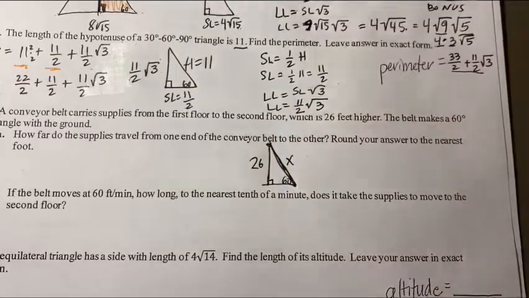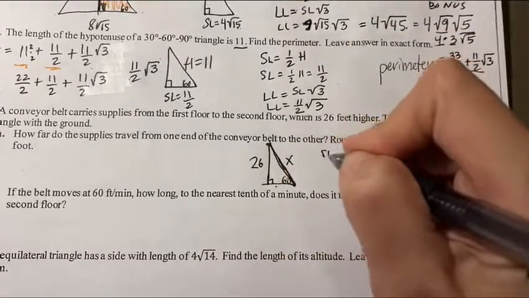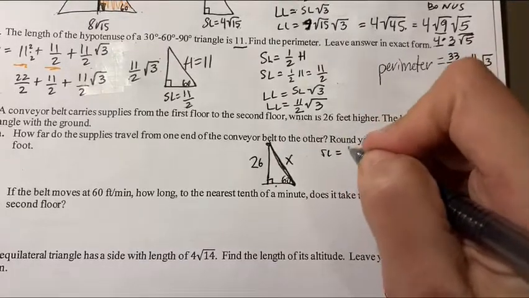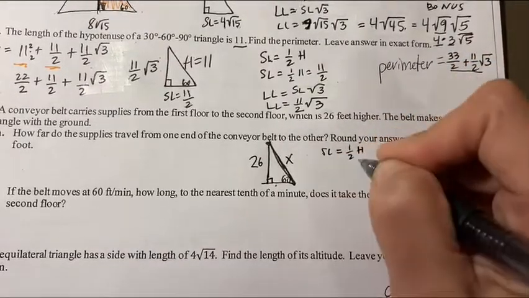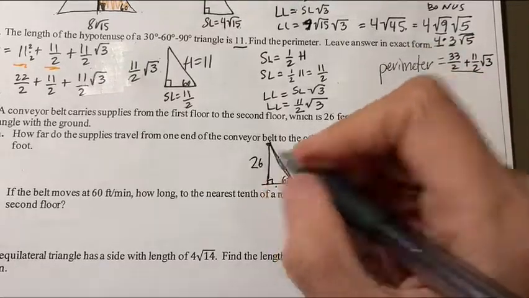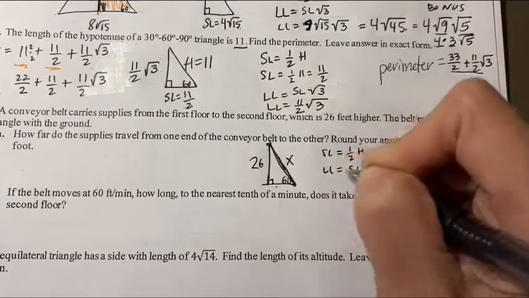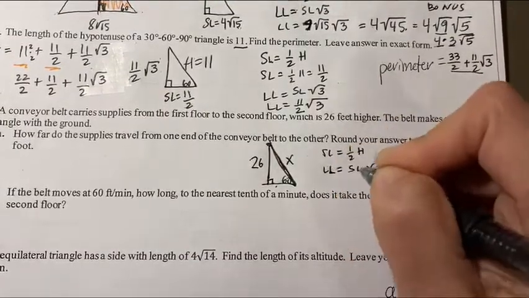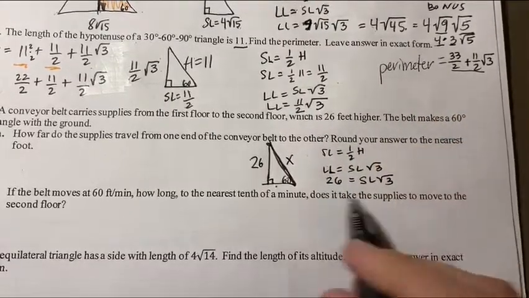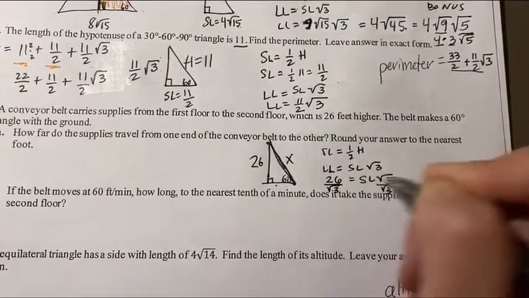Working backwards, we have to say the short leg is half the hypotenuse, but I don't know the hypotenuse. And the long leg is the short leg times the square root of 3. So we don't know what the short leg is, but the long leg is 26. So we can solve for this by dividing both sides by the square root of 3.